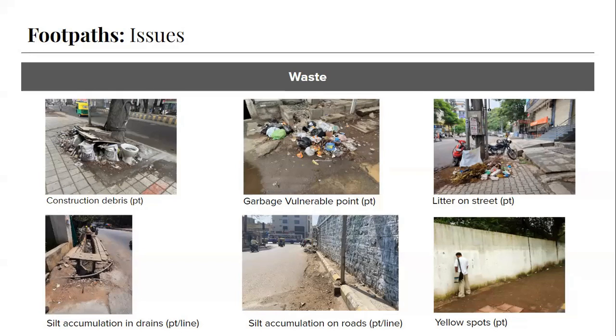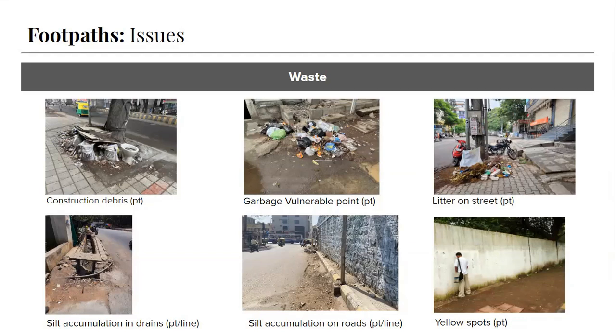Garbage vulnerable points are basically what we traditionally have called black spots in our city. These are points where you will find a lot of garbage bags. The reason is that someone's not collecting their waste, so people come and throw their waste in garbage bags outside. You'll find this heavily in commercial areas and residential areas that are not catered to during the collection system.